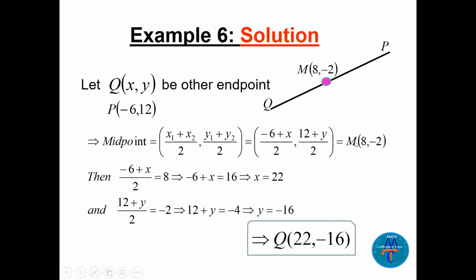So this point is equal to this point, which means x is equal to x, which is 8, and y, 12 plus y over 2, is equal to -2. So I also make two simple equations. X will be 22 here, and y will be, you can figure out, simple equation, -16. That's the point Q, the other endpoint.